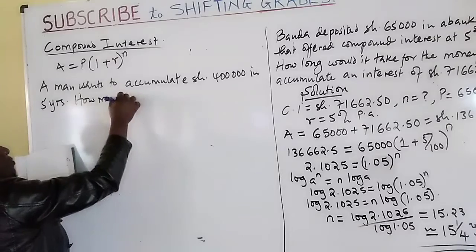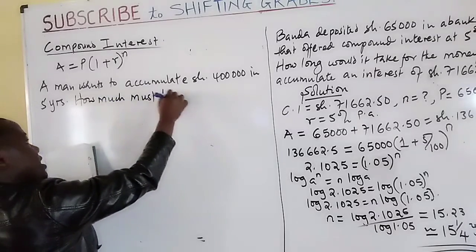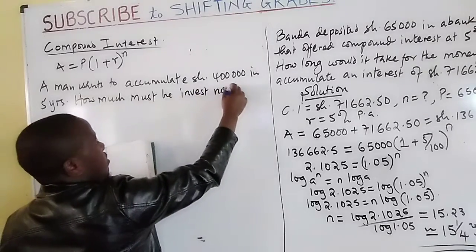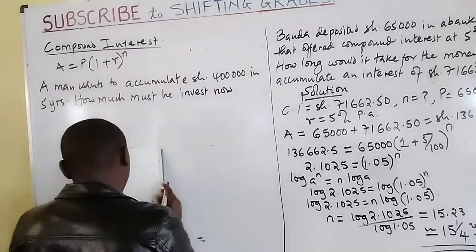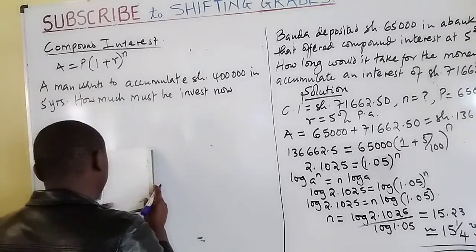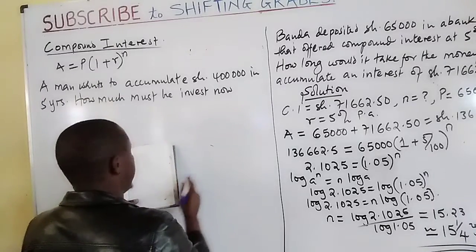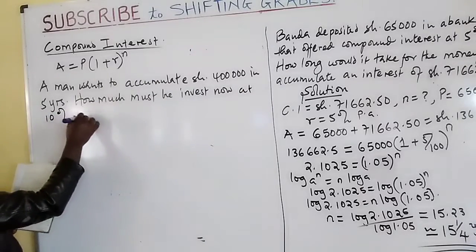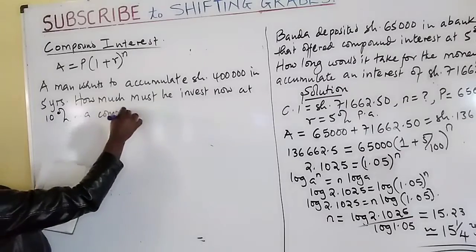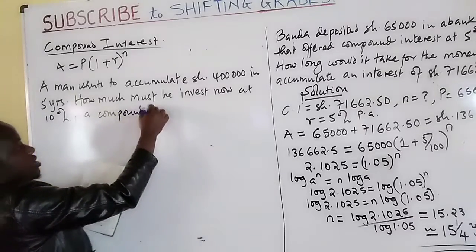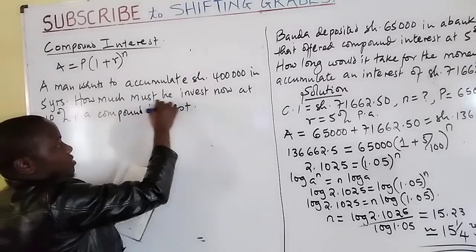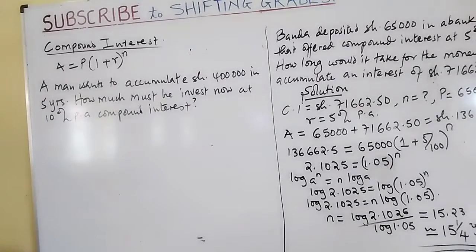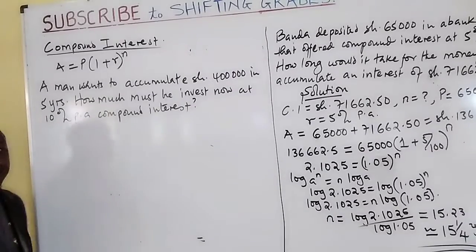How much must he invest now at 10% per annum, at the rate of 10% per annum compound interest? How much must he invest now at the given rate?